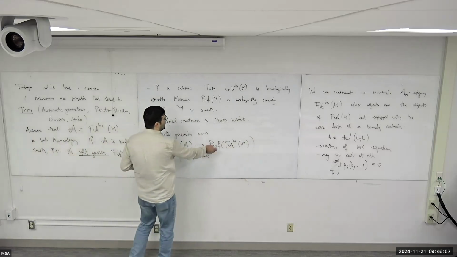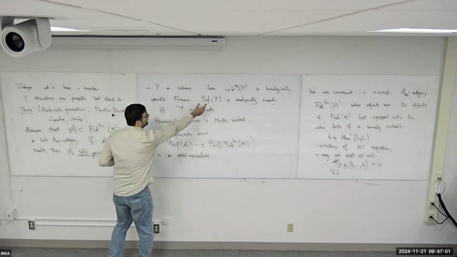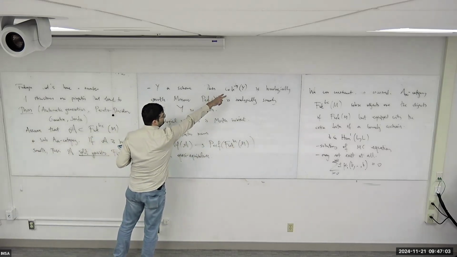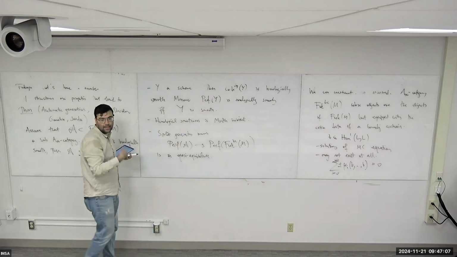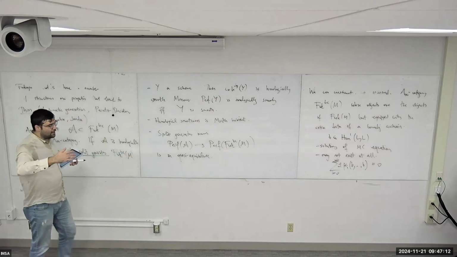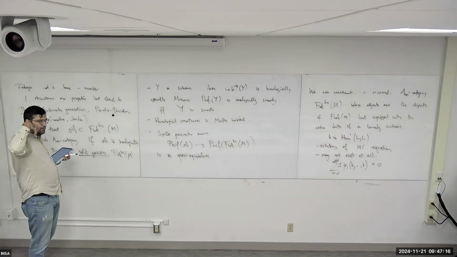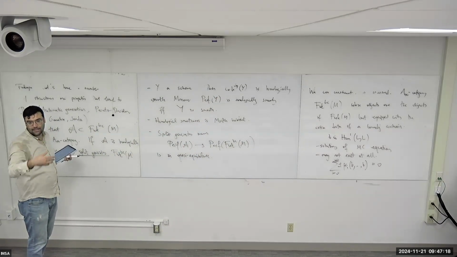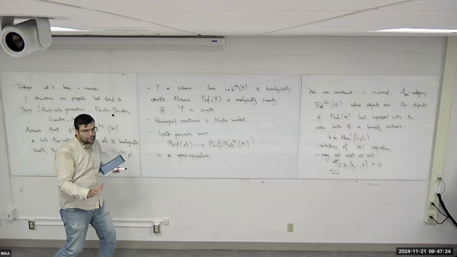So this perf is a generalization. Here I apply the perf operation to this DG enhancement of the coherent sheaf category, and then I obtain this. But it can be applied in general. What it means is you take the closure of this category inside this module category under taking cones and sums.